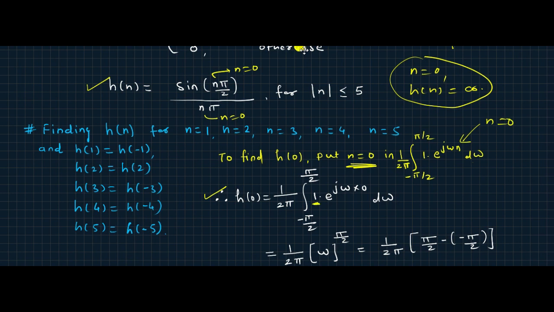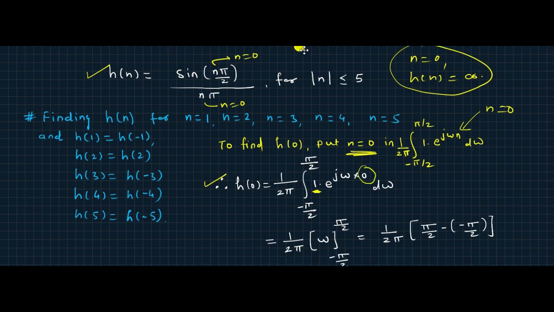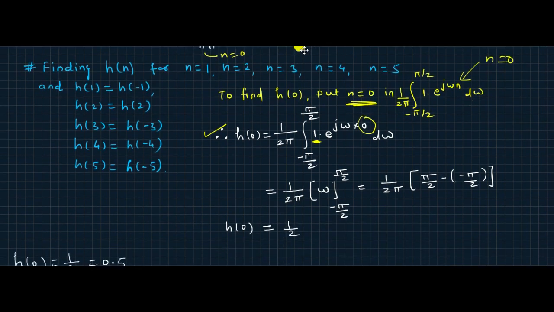So we have this frequency response equal to 1, and here we are putting n equal to 0. What we get? e raised to 0 is 1. With respect to omega, therefore we'll get omega. So 1 divided by 2 pi, integration of 1 with respect to d omega is omega, with its upper limit and lower limit.